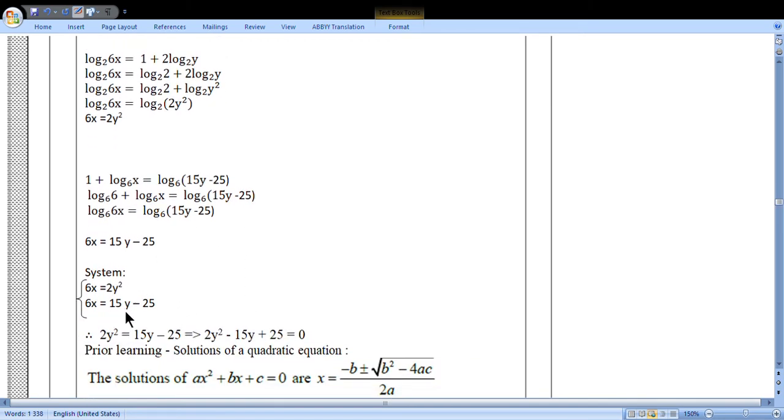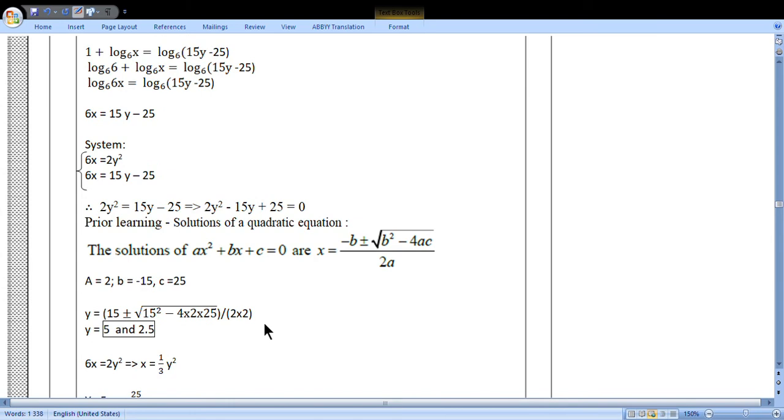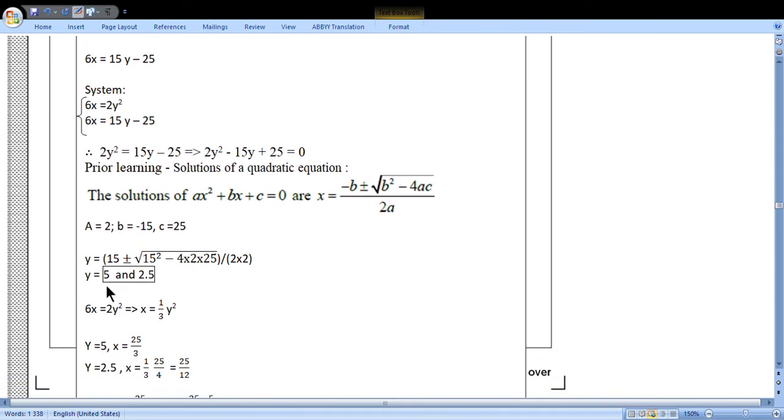Out of these two formulas we get 6x, so the left parts are equal to the right parts, so we make them equal. We have a quadratic equation. The solution of a quadratic is given by this formula. In our case, a equals 2, b equals minus 15, c equals 25. We substitute, and we get two values of y, 5 and 2.5.